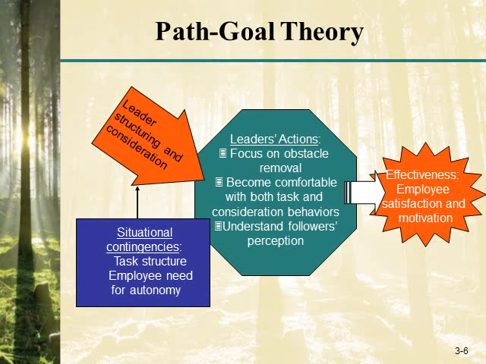As I said, the role is to motivate the followers. How is he going to motivate the followers? By removing obstacles, becoming comfortable with both task and consideration behaviors, and understanding the followers' perceptions. So the leader should change his behavior based on the needs of the followers in order to reach effectiveness, where the employees are going to be highly motivated and satisfied.